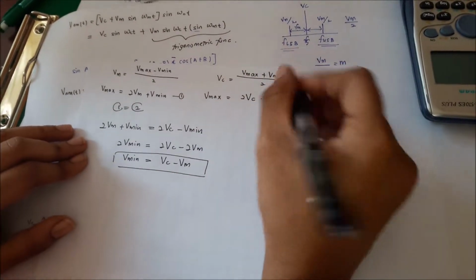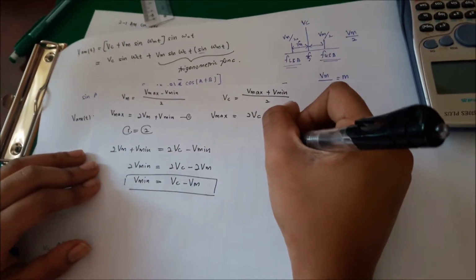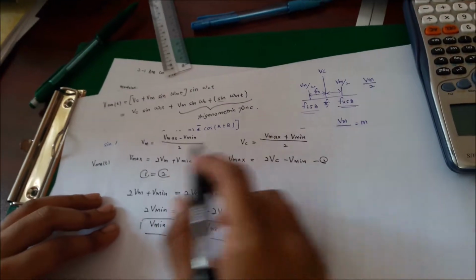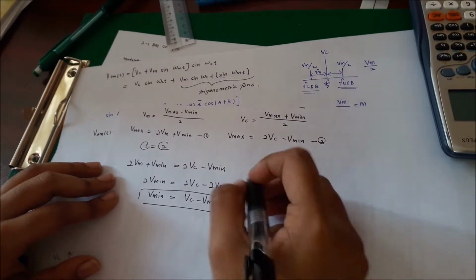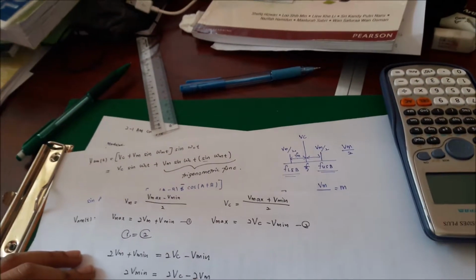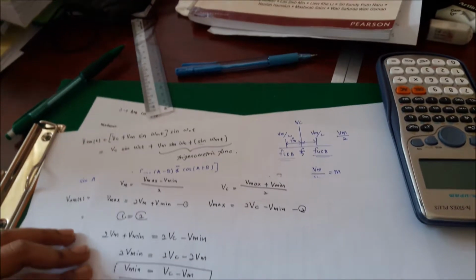And the same goes for the other one, and there you would get V max equals Vc plus Vm.